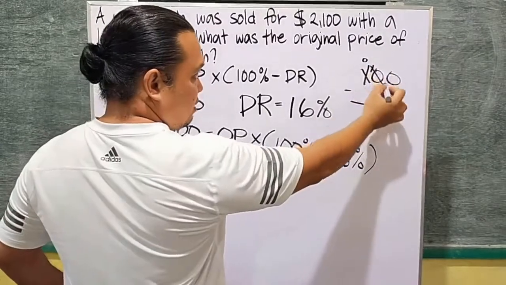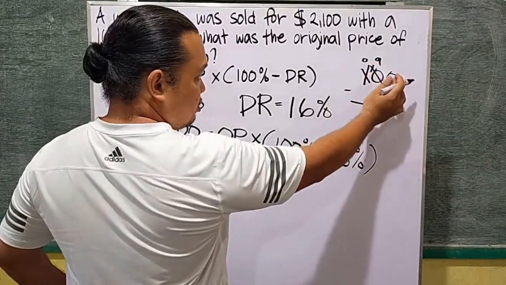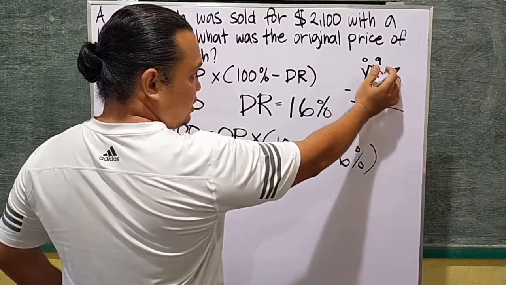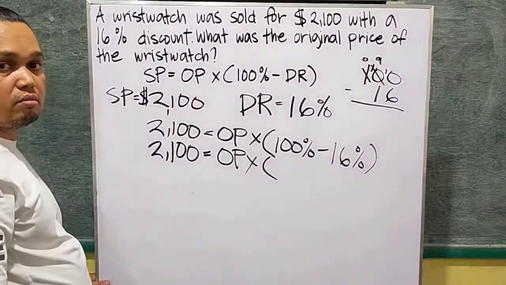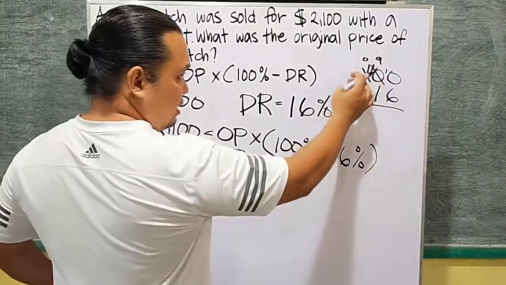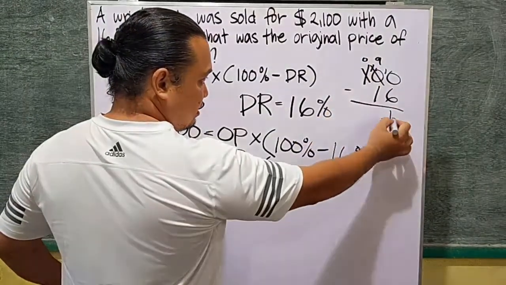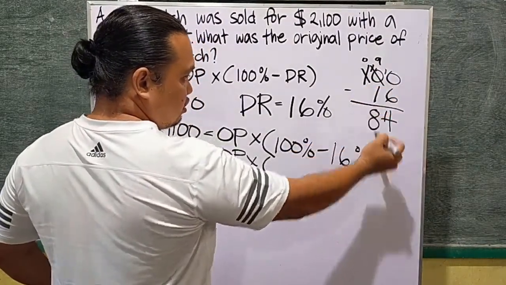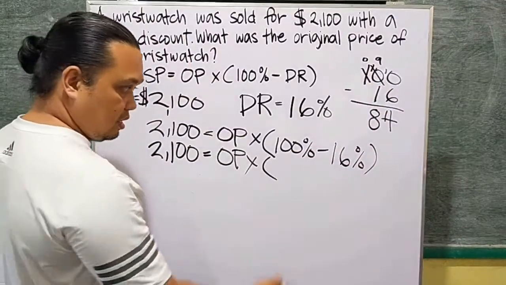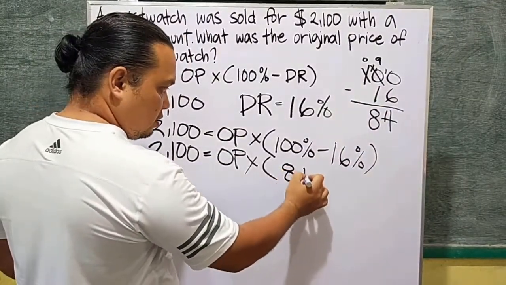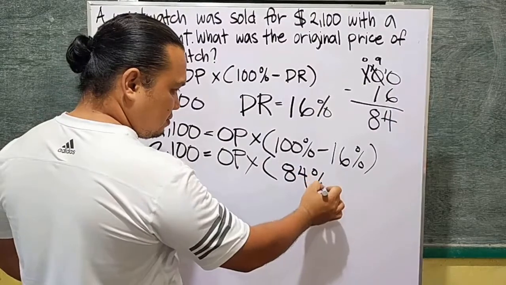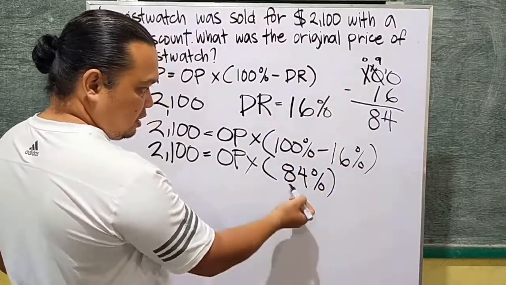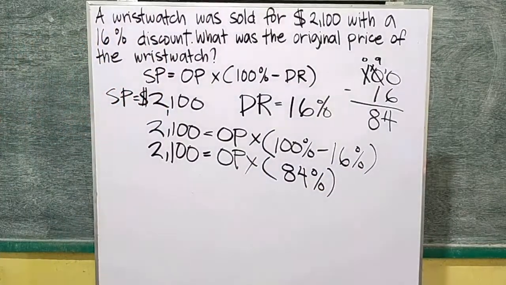Now 10 here will become 9, because 0 will borrow 1 from it, and 0 here will become 10. So we can now subtract. 10 minus 6 is 4, while 9 minus 1 is 8. So we have 84%. So we have simplified 100% minus 16%. It became 84%.